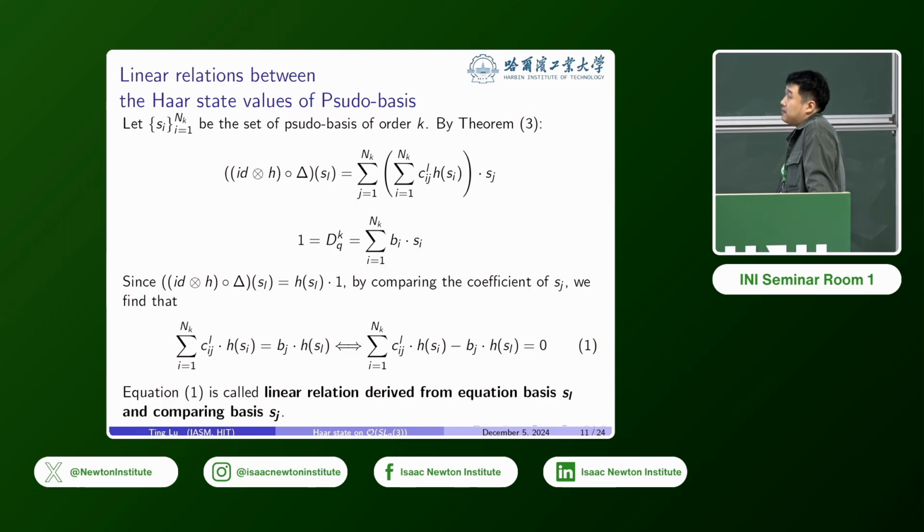Every summand in this expression will also be a monomial of order k, so we can decompose it as a linear combination of our pseudo basis as well. Then you plug the two relations into this translation invariance identity and compare the coefficient of S_j. We will find that their coefficients must be the same, and we will get a linear relation between the Haar states of pseudo bases.